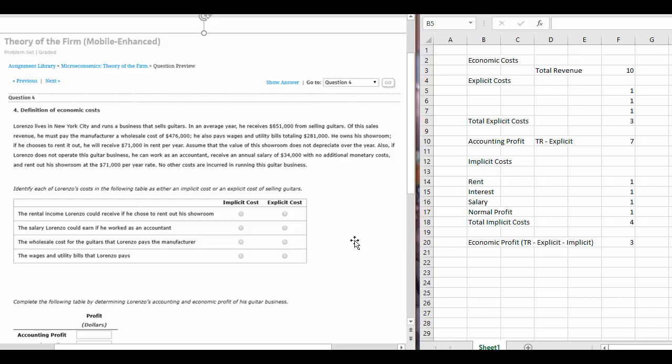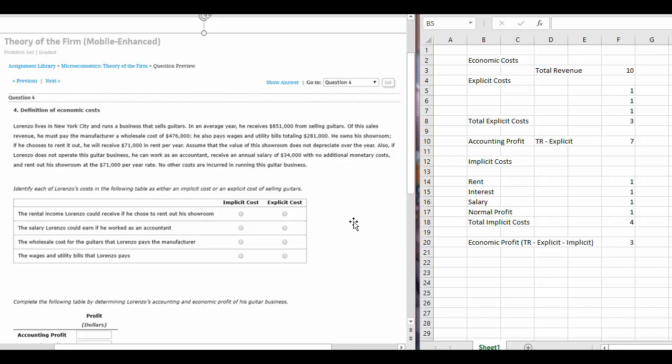Okay, what we have here is a list of expenses, and it's asking you if they are implicit or explicit, and then we're going to put them over here into this table. So the rental income he could have received if he chose to rent out his showroom. We have explicit or implicit.